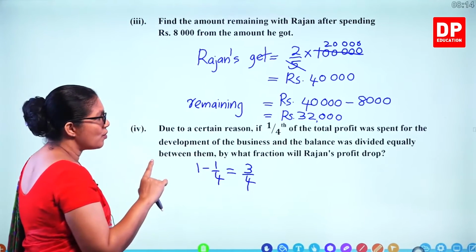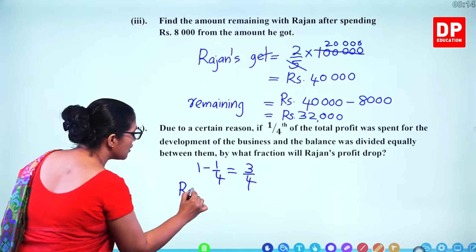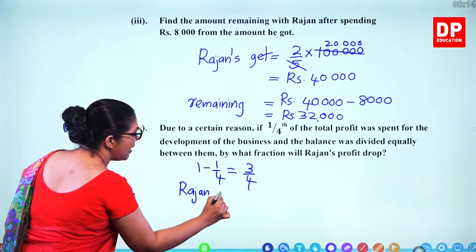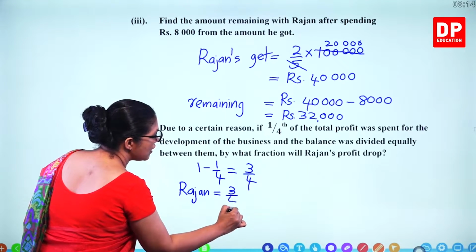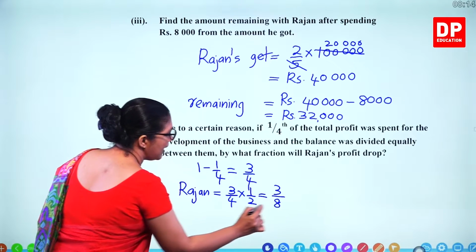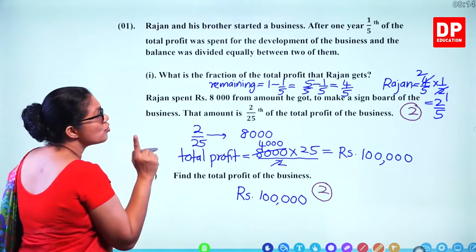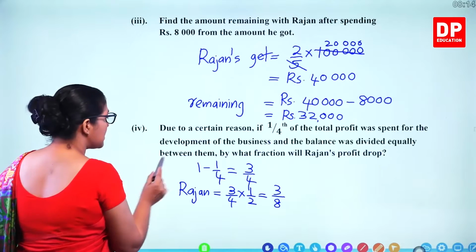Out of 3/4, that's divided equally. So what's the part that Rajan gets? Rajan gets 3/4 times half, that means 3/8. Earlier Rajan got 2/5. So what is the difference?